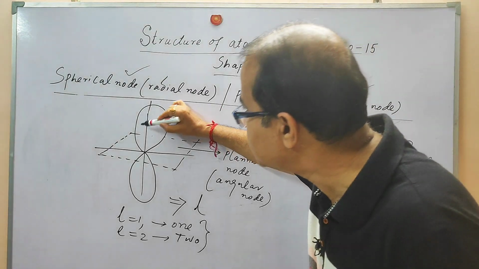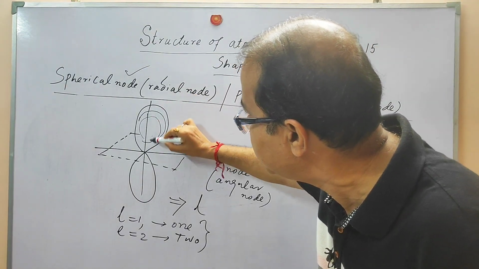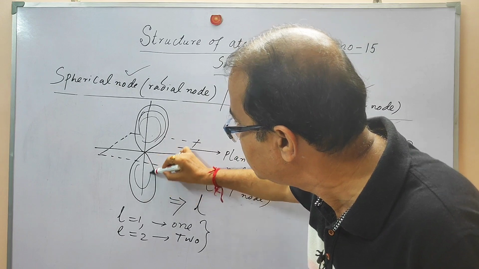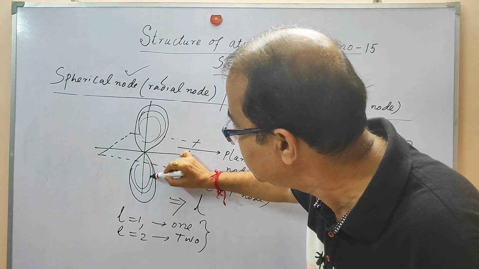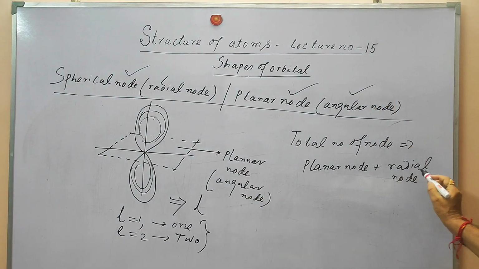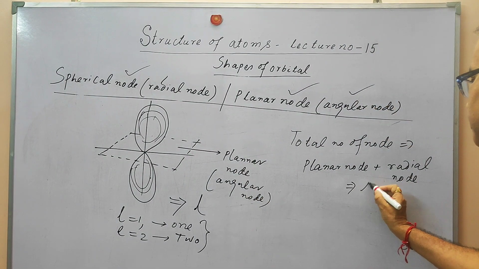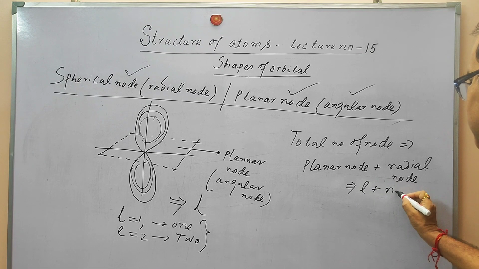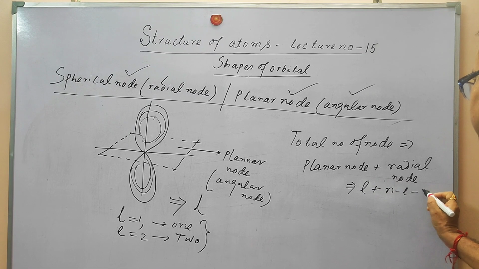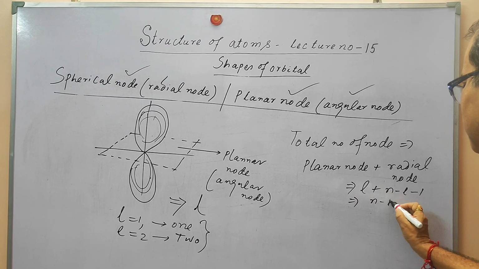Here the radial nodes are like this, in these places. This is a radial node, and this is a planar node. The planar nodes are given by l, and the radial nodes by n minus l minus 1, so the total you get is n minus 1.